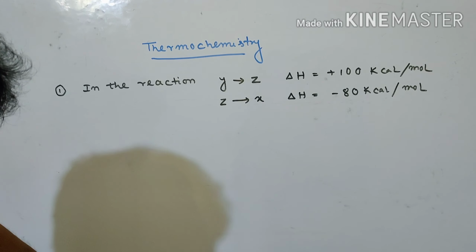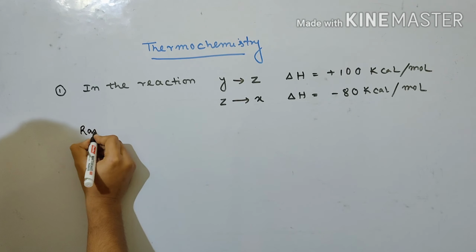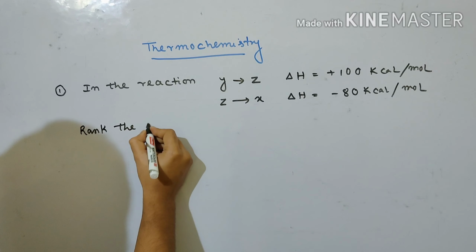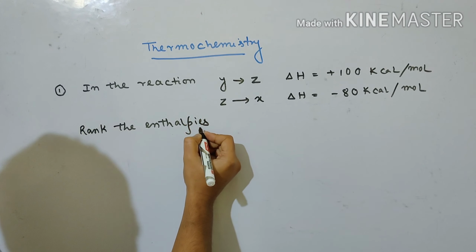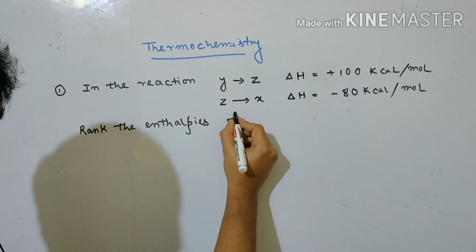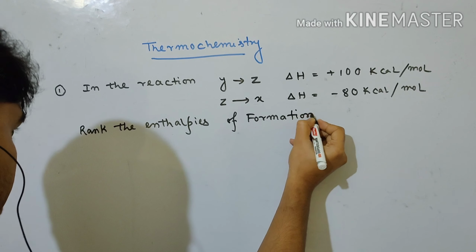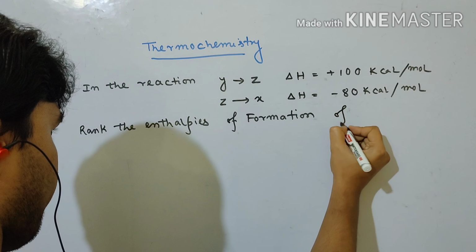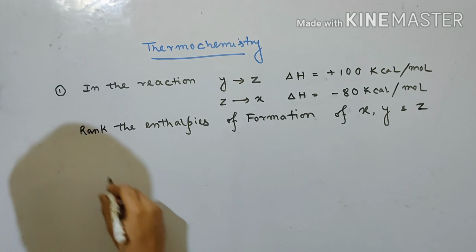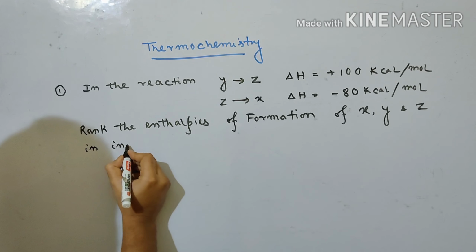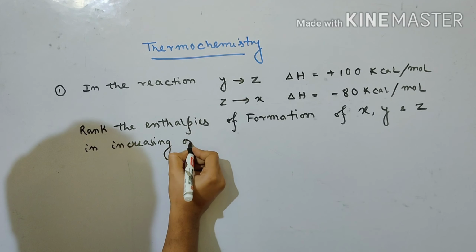These two pieces of information are given, and the question is: rank the enthalpies of formation of X, Y, and Z in increasing order.